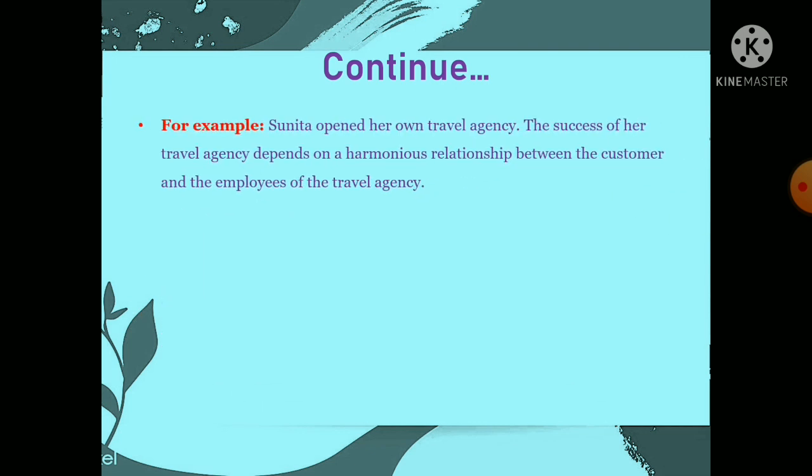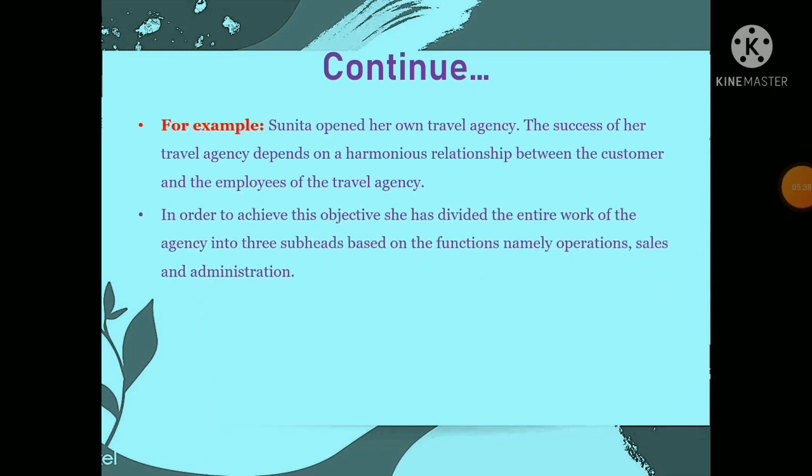Let us understand organizing with an example. For example, Sunita opened her own travel agency. The success of her travel agency depends on a harmonious relationship between the customers and the employees. In order to achieve this objective, she divided the entire work of the agency into three subheads based on functions, namely operation, sales and administration.